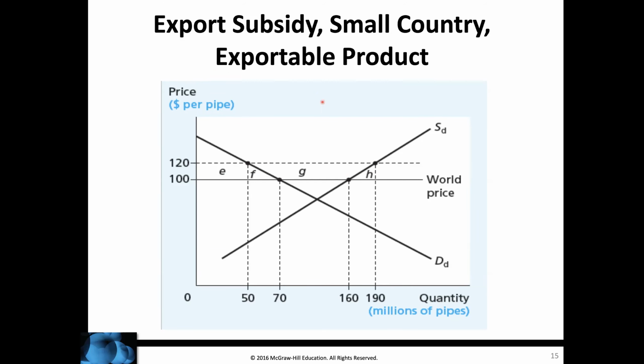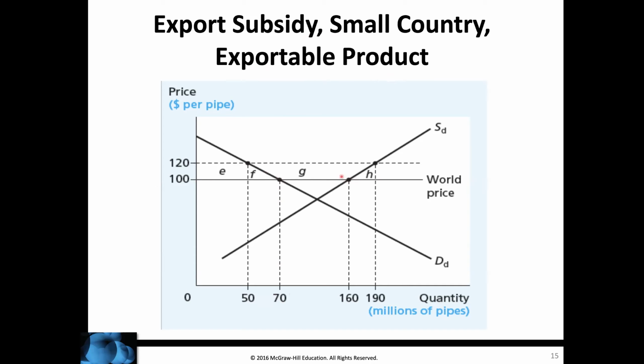Okay, so now we're going to look at figure 11.3 in your book. This is export subsidies, and we're assuming this is a small country with an exportable product. With free trade, the world price of the product is at 100, and you can see at that price, producers or suppliers are going to produce 160, consumers are going to demand 70.